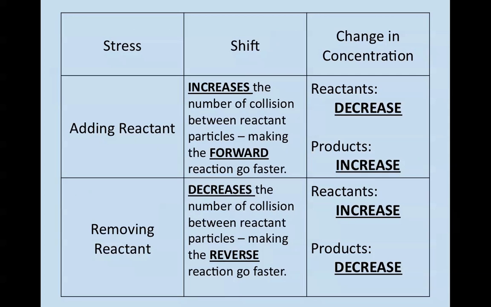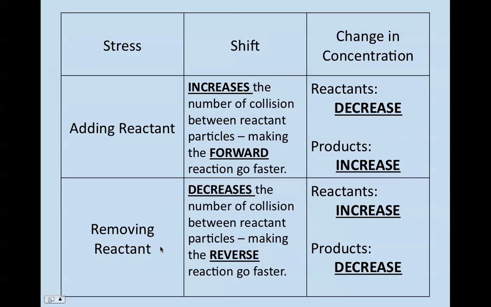All right, our first stress deals with our reactants. When we add reactant, we increase the number of collisions between those particles, making the forward reaction go faster. Since we're shifting to the right, we're going to increase our products because we're moving towards those, and our reactants are getting used up and decreasing.